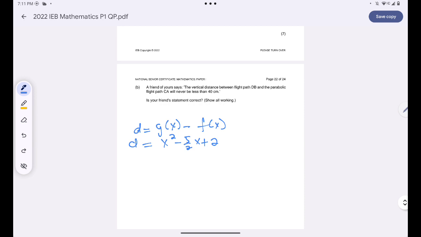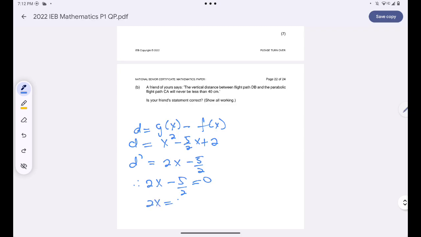For me to find the minimum distance, I just need to find the derivative. The derivative is just 2x minus 5 over 2, right? So for minimum distance, I just need to take the derivative, equate it to 0, and then solve for x. That will give me the minimum distance.